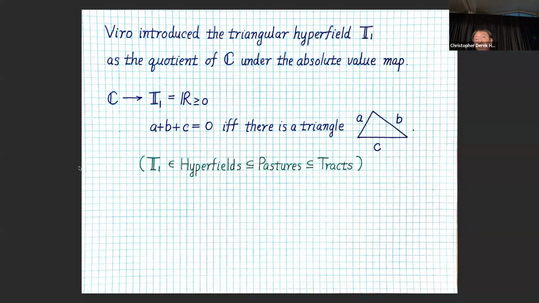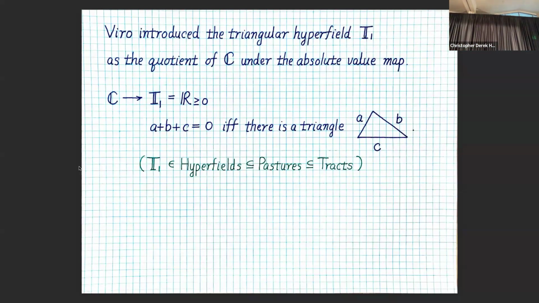So this triangular hyperfield is the quotient of the complex numbers under the absolute value map. So there are the complex numbers, and if you take absolute values, the image will be the non-negative real numbers, which you view as a multiplicative monoid. And this is a homomorphism of multiplicative monoids.